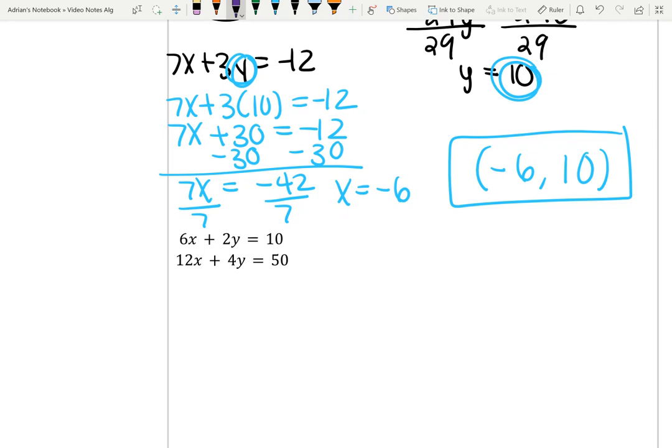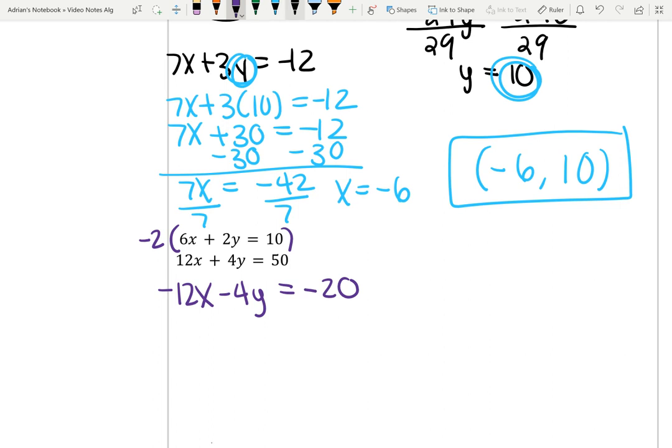This time, let's choose the y's. If I want these to cancel, I need to somehow get this to be a negative 4, so that I have 4 plus a negative 4, and I get 0. To get this to negative 4, I need to multiply this whole thing by negative 2. That gives me negative 12x minus 4y equals negative 20.